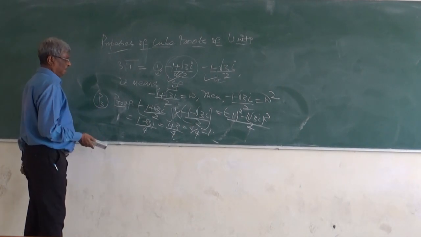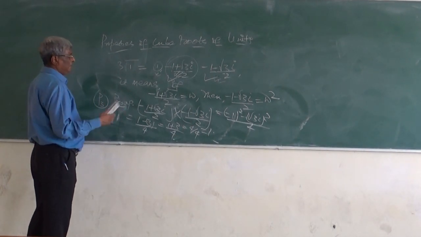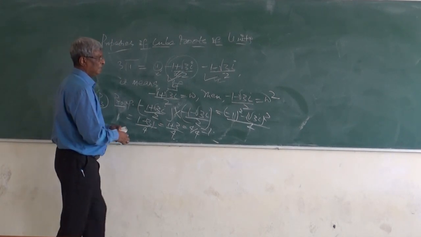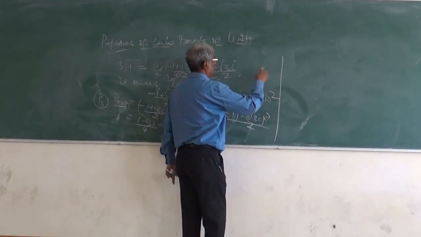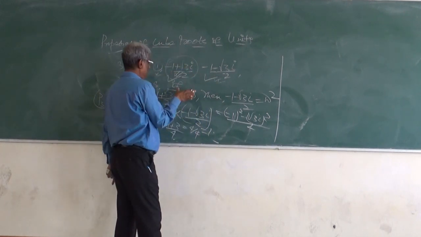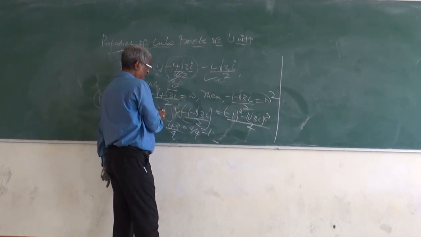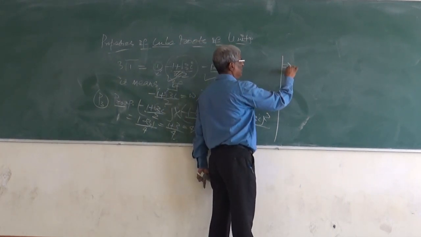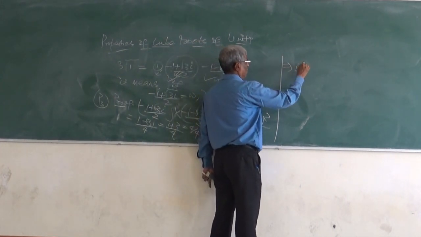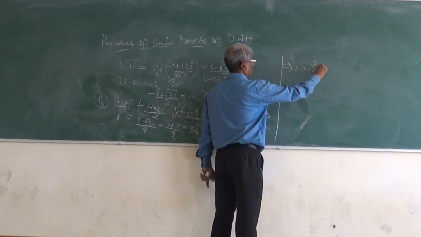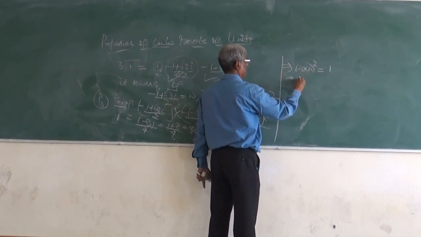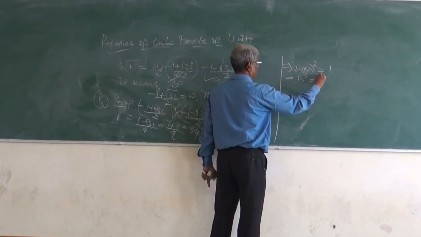It means what? Please tell me. The meaning of this is that if you are taking this as omega and this as omega square, it means omega into omega square is equal to 1, means omega cube is equal to 1.